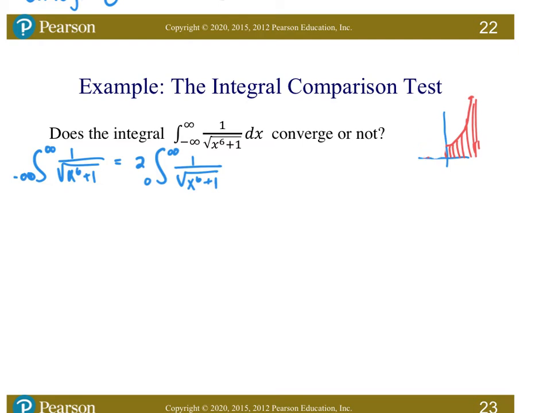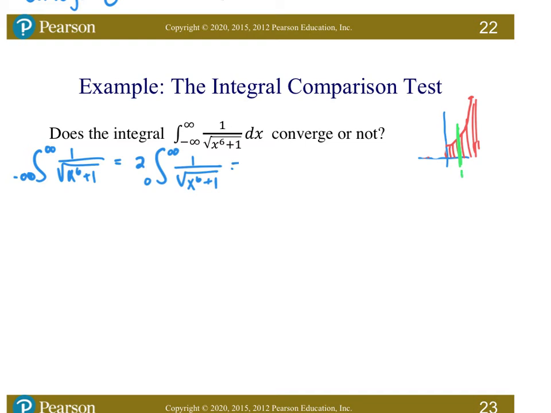And I'm also going to do a little trick here. I'm going to teach you about splicing your interval, and pick a random value. 1 works, 10 works, 100 works. It really wouldn't matter. Just pick a value. We could even keep it random and say a, but I'll say 1.